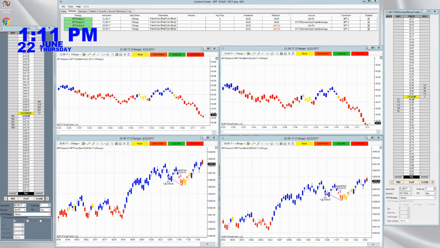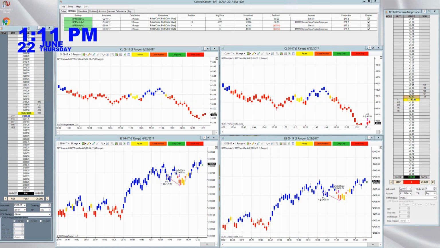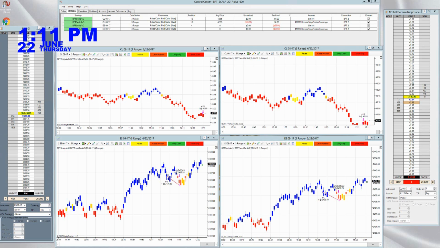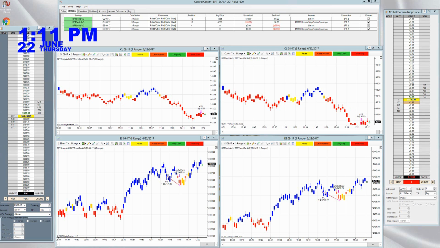So it looks like we are going to take a trade. There we go, we got a trade. And if we notice, on the live account we got filled faster than the SIM account, and the SIM account got one tick more.